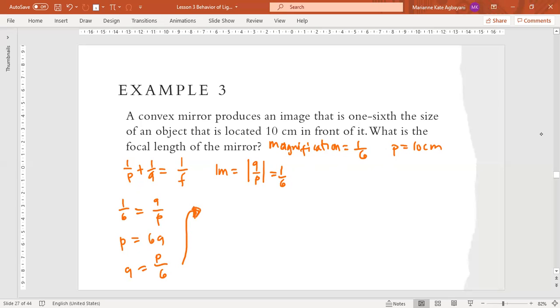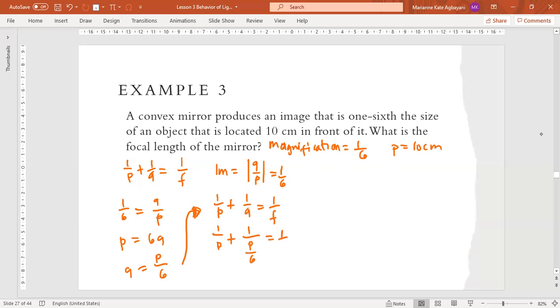Substitute natin siya sa value. We have 1 over P plus 1 over Q is equal to 1 over F. Now, 1 over P, and 1 over Q is 1 over P over 6.